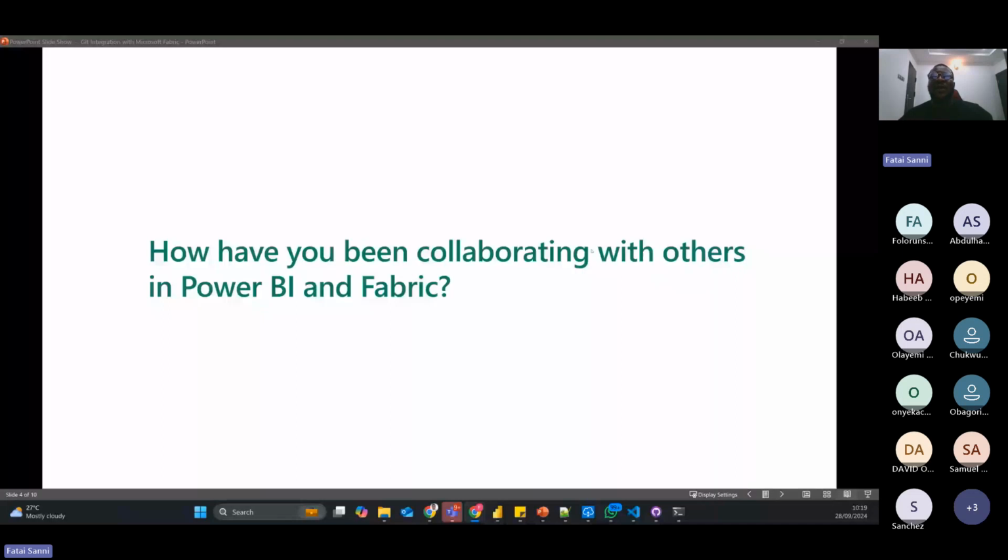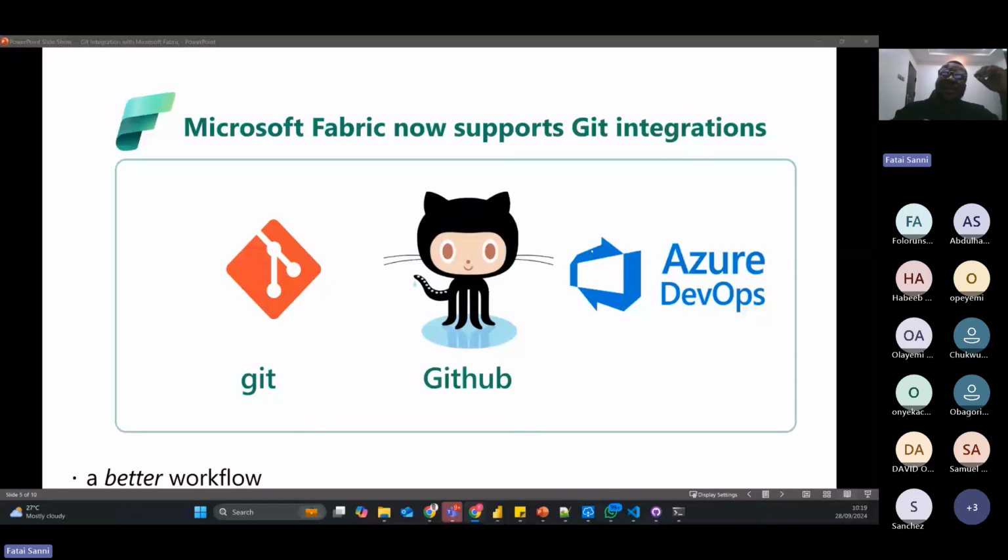So there comes now the Microsoft support for Git integration. Microsoft now supports source control and version control, and has integration with GitHub and Azure DevOps. So what does this mean?